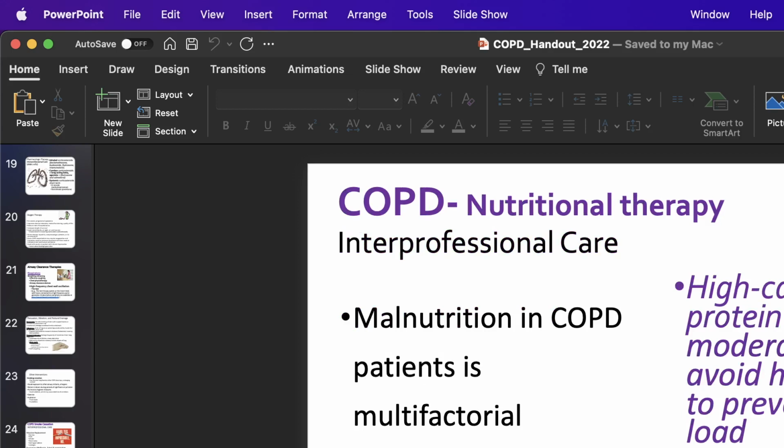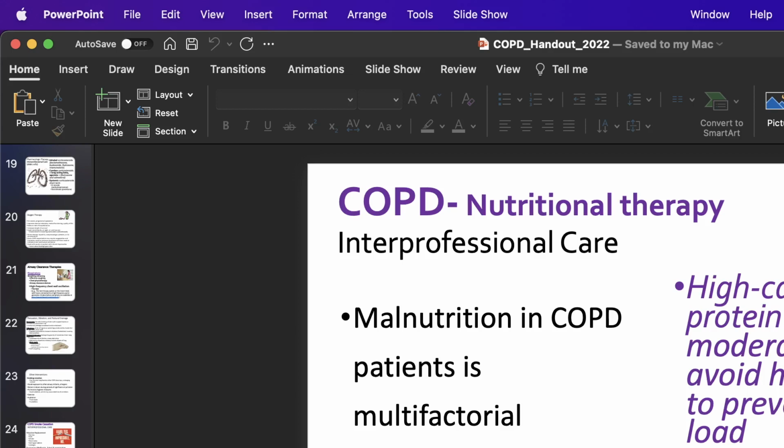We want foods that don't require a great deal of chewing. If you think about a piece of steak, that would be exhausting for them to chew and chew and chew. All of their energy goes into breathing. So give them soft high protein, might be like cottage cheese with fruit in it, or the Greek yogurt with fruit in it. Things that are easy for them to manage.